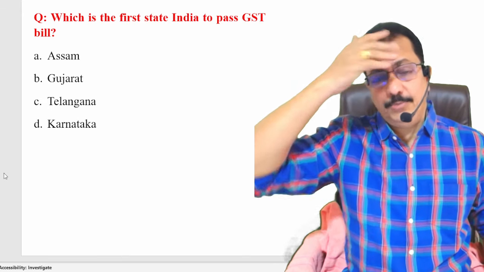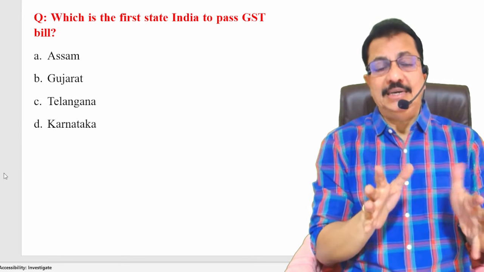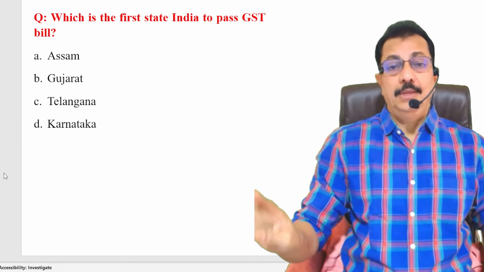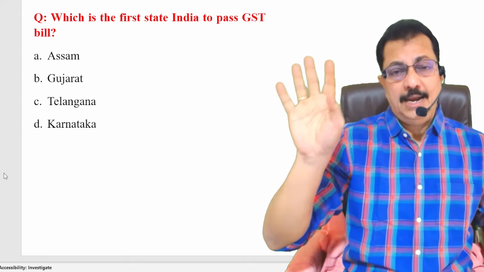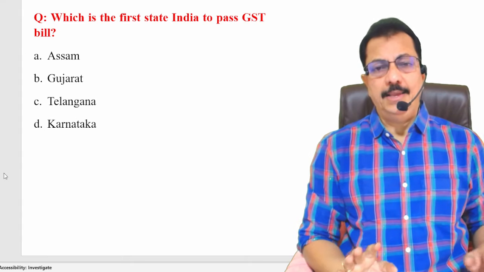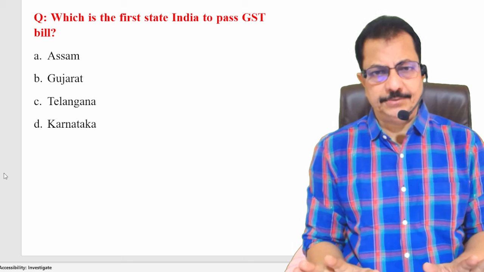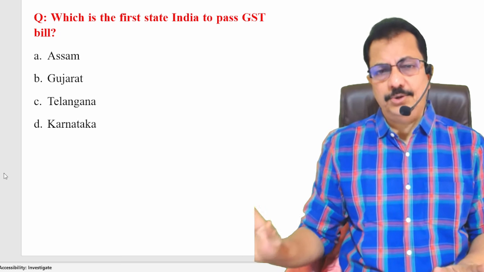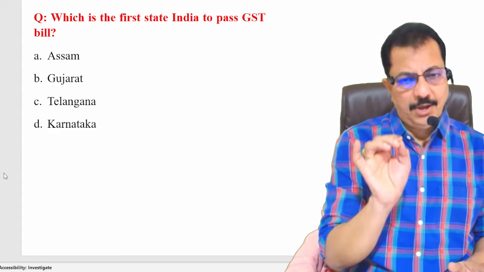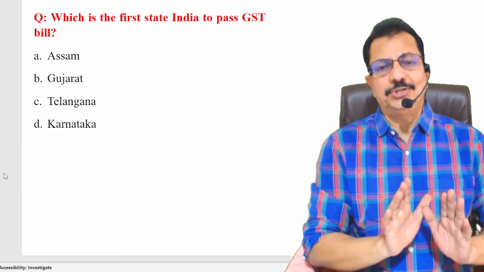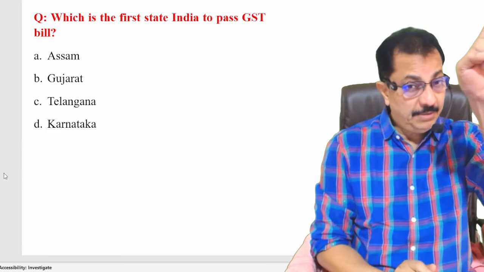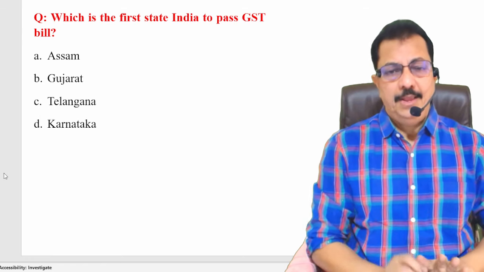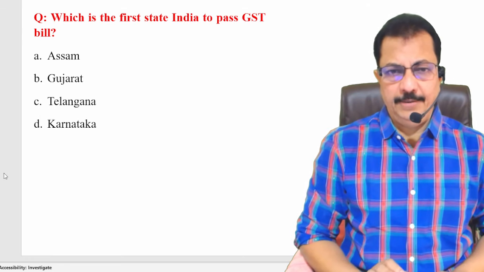After it is passed by both the houses with a special majority separately, then that bill has to be accepted by at least half of the states. Clear? Passage by all states is not required. At least half the states must pass with a simple majority. Special majority at the parliament level and simple majority at the state level.